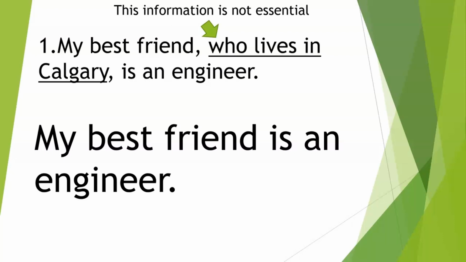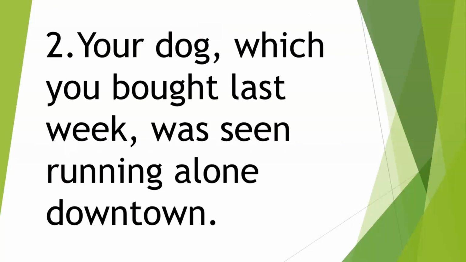So let's go to example number 2. Your dog, which you bought last week, was seen running alone downtown. In this sentence, the clause is which you bought last week, and the noun that it modifies is your dog.